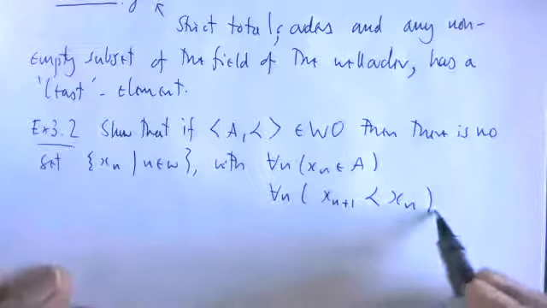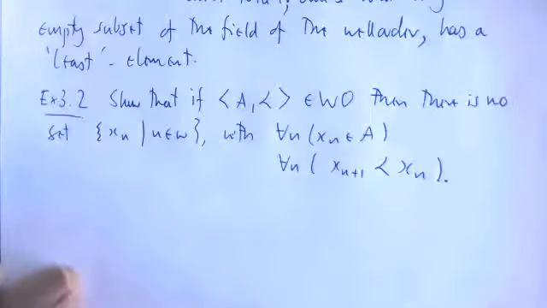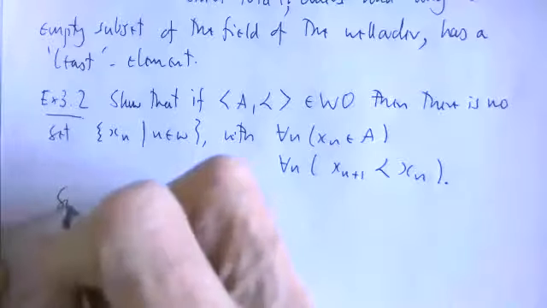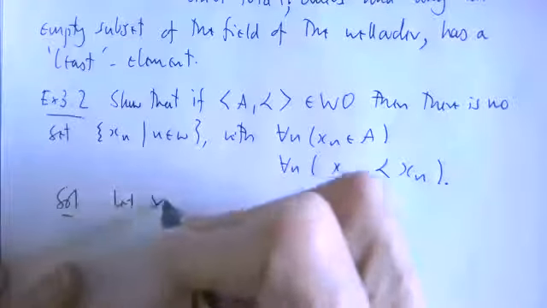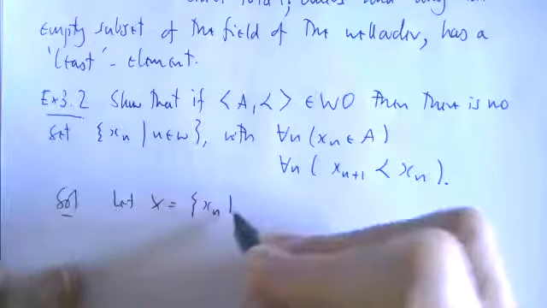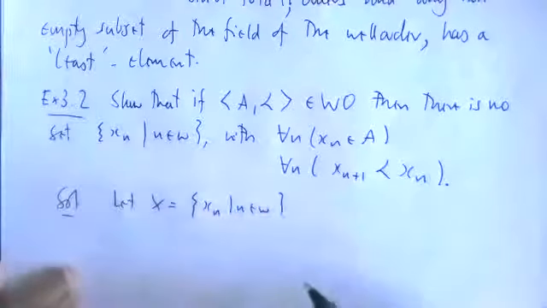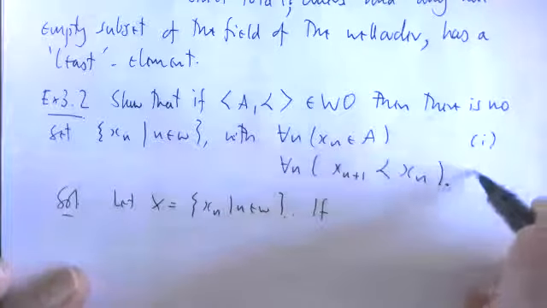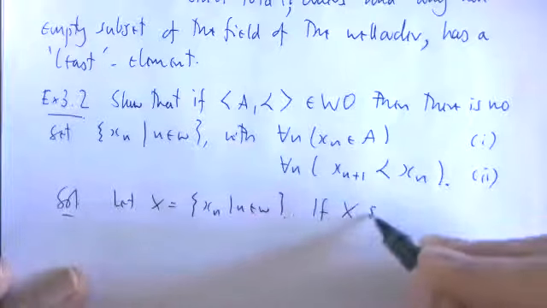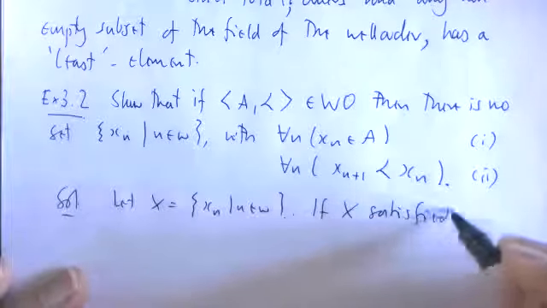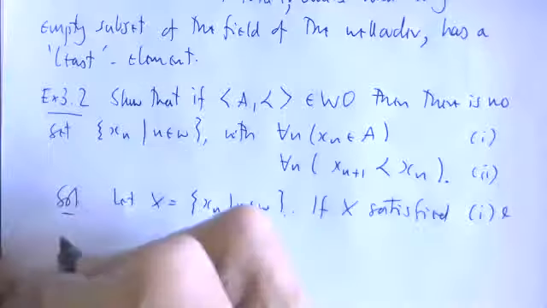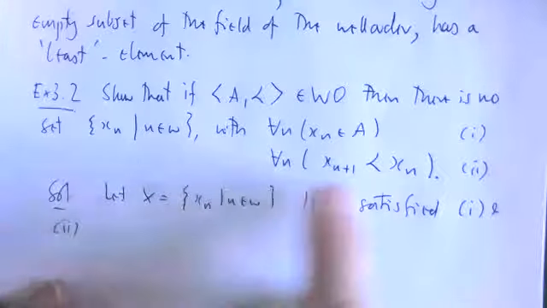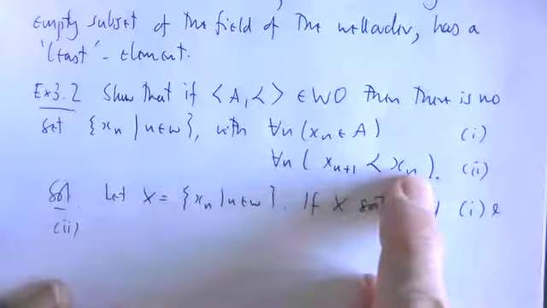Okay, so if I now take the set X to be the collection of the little x's, so if this satisfied 1 and 2, then clearly X has no least element, because given any one, there's a smaller one.